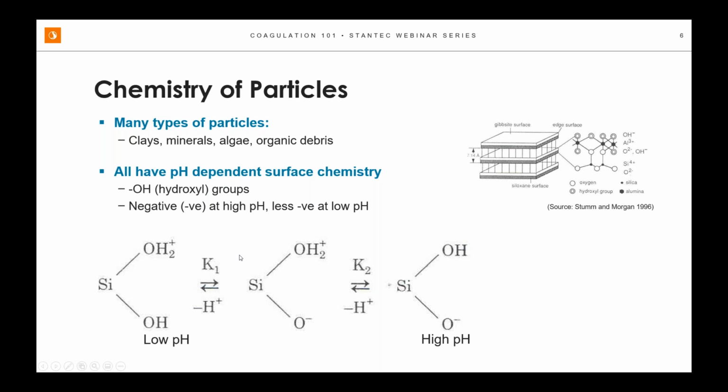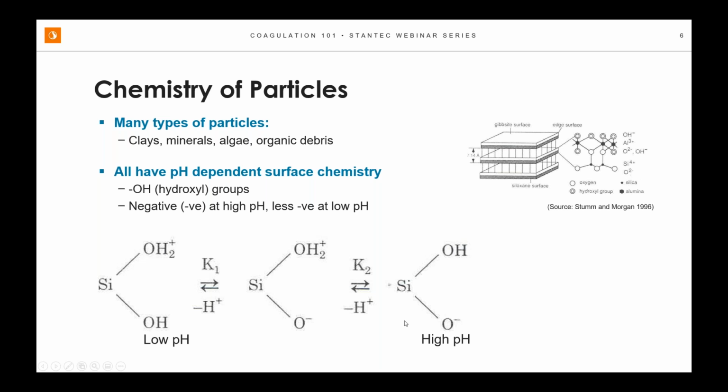And this is what happens when the pH changes. If you have a low pH, there's lots of hydrogen ions in solution, and these hydrogens tend to stick on the base molecule because there's lots of hydrogens in solution, so your equilibrium principles keep that attached. As the pH increases, you have fewer hydrogen ions in solution, and so to keep equilibrium, there's a tendency for the hydrogens that were attached to the surface to leave and go off in solution.